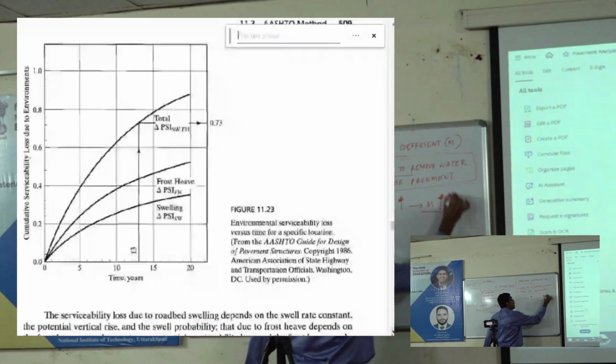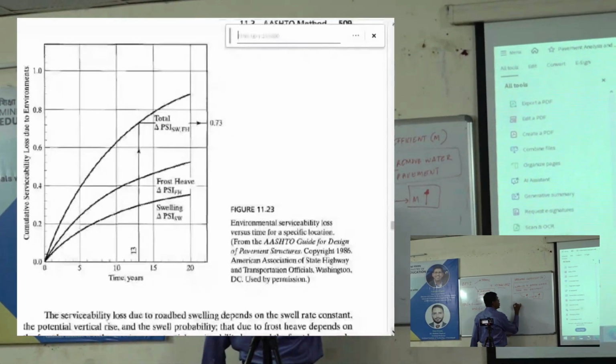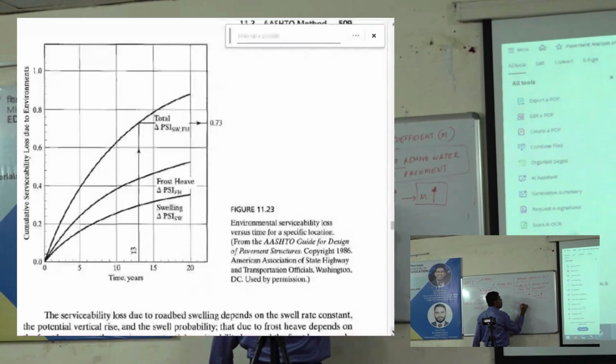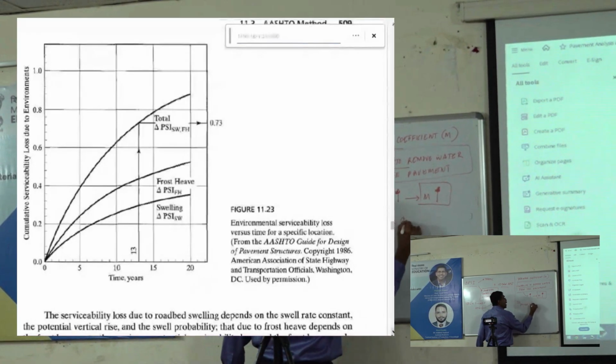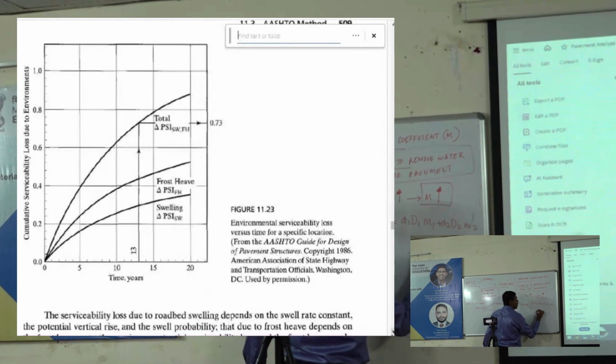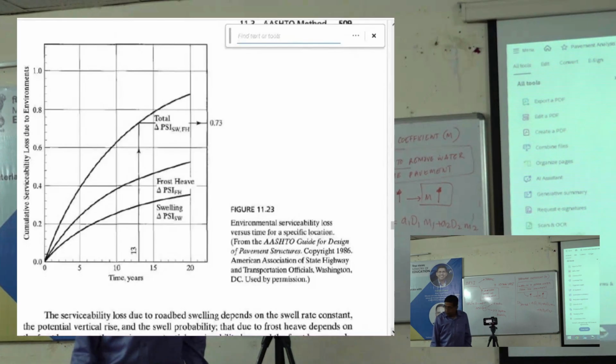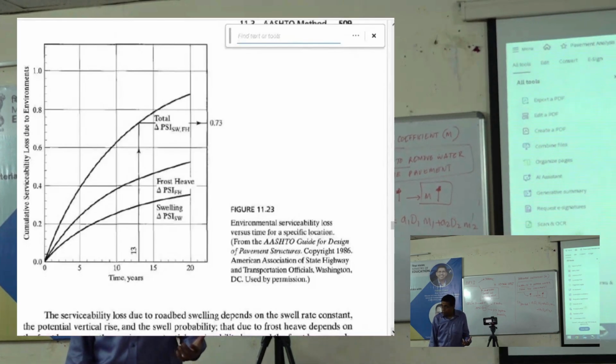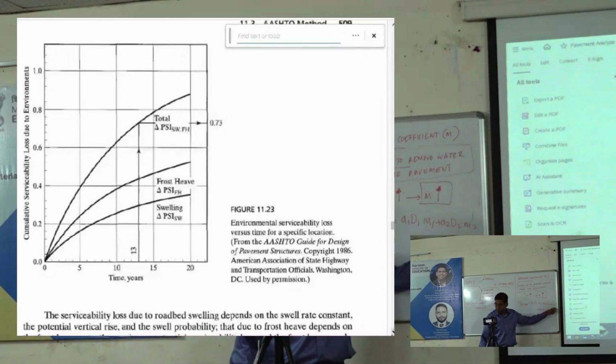So now the structural number provided is given by a1 d1 m1 plus a2 d2 m2 plus a3 d3 m3 and so on and so forth. Remember, in the previous one there was no m, but now there is another factor accounting for drainage coefficient.